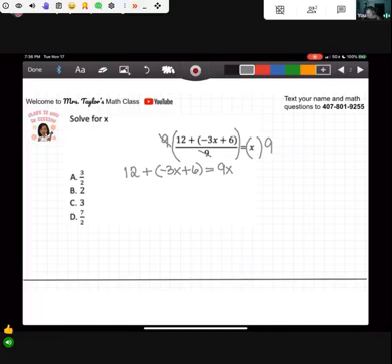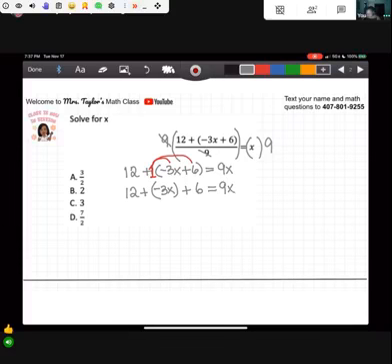So basically with this parentheses here, you could think of this as a 1 in front of it. It's almost like you're distributing the 1. So I'm just multiplying this 1 by negative 3x and by 6. So I will rewrite this as 12 plus, and this is still going to be negative 3x, in parentheses, plus 6 is equal to 9x.